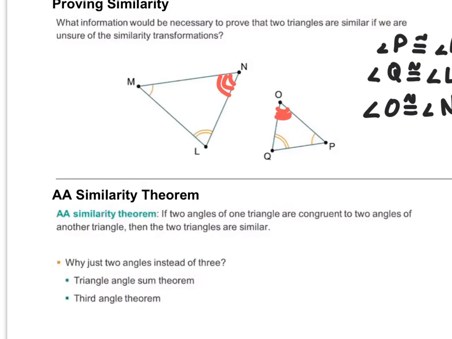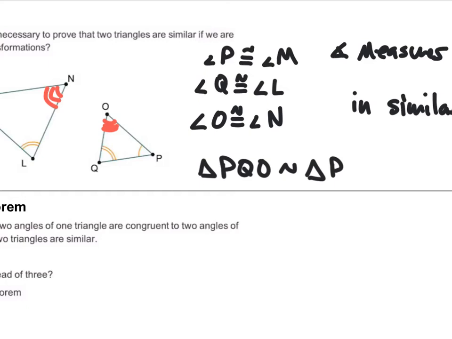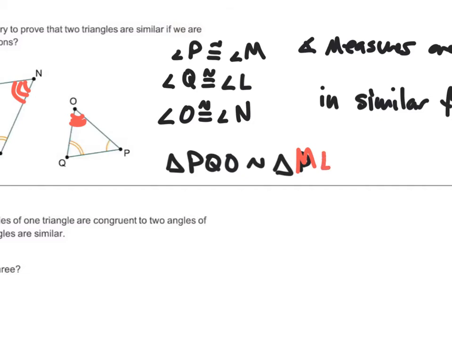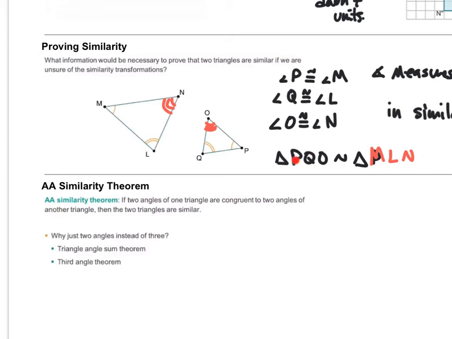So what I know here is that if I talk about angle P, Q, and then O, and then M, L, and then N, what I can say is that triangle PQO is similar to triangle MLN. Okay, and that's how I name that. Remember you have to name these by using their corresponding sides. So P corresponds with M, Q corresponds with L, and then O corresponds with N. And that's how I'm able to name this.